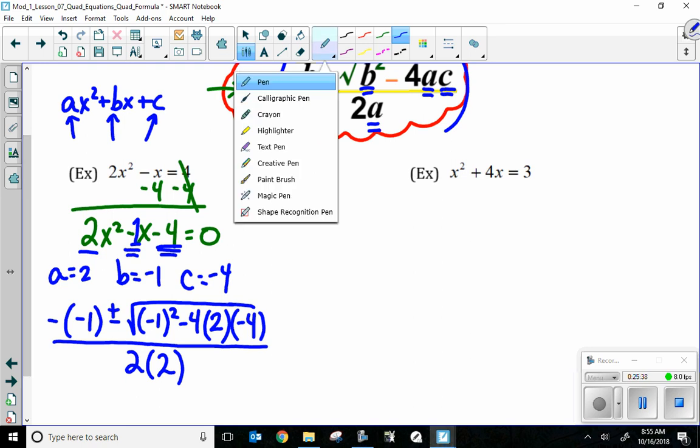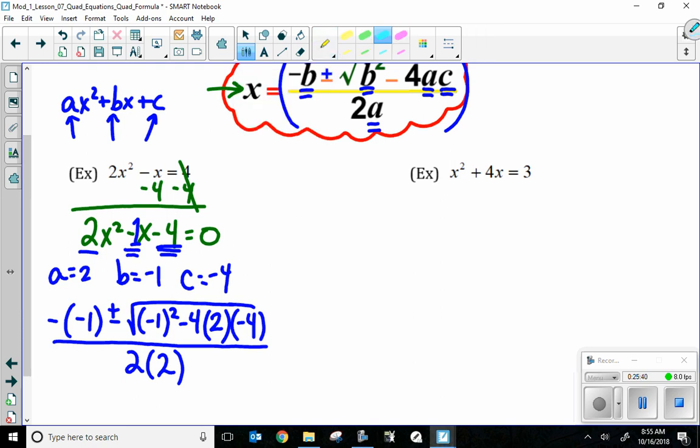So if I did this right, my a value could go here next to the 4 and here with the 2.